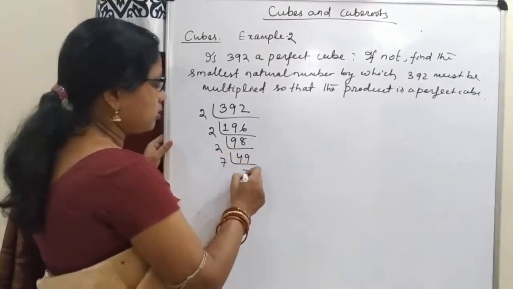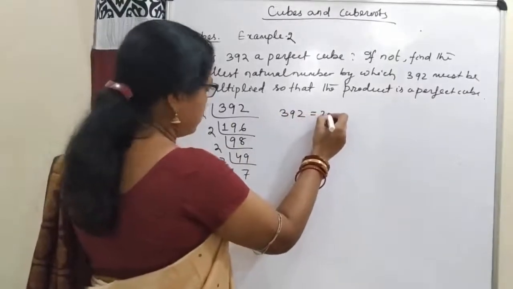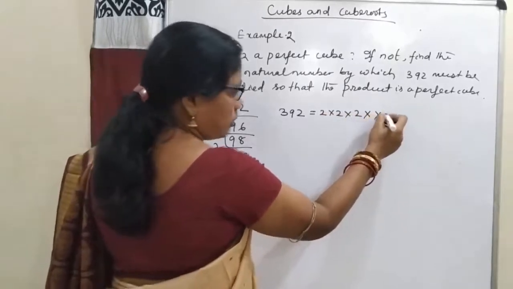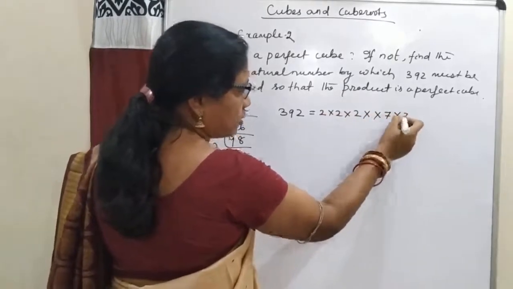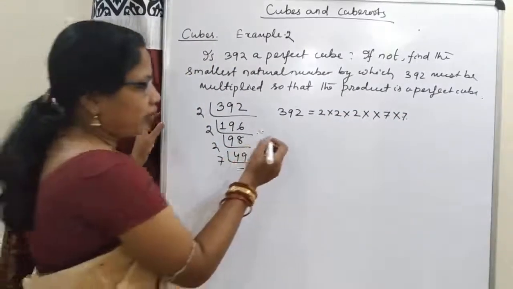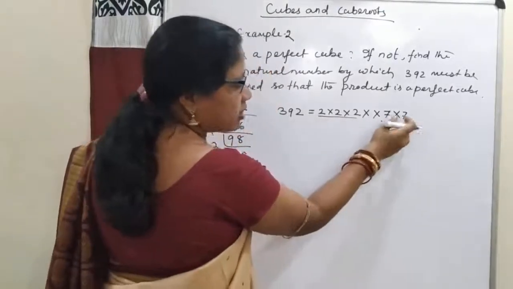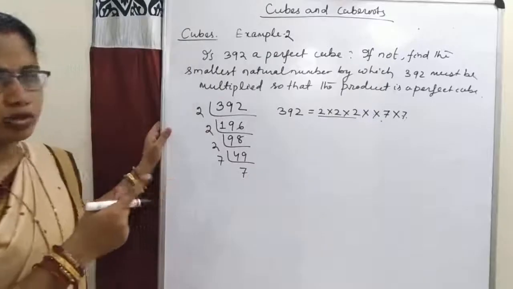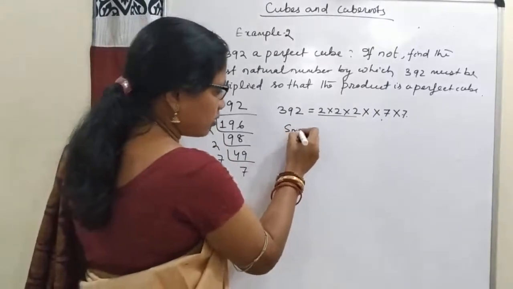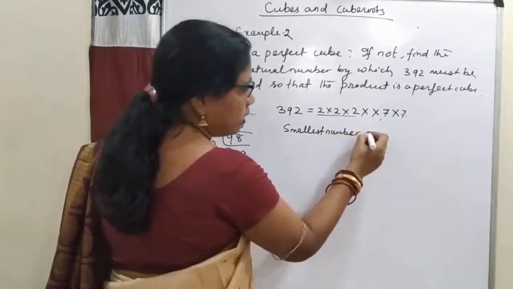Then 7, 7. So the prime factorization of 392 is equal to 2 multiplied by 2 multiplied by 2 multiplied by 7 multiplied by 7. So here, if I group the factors in 3s, then one 7 will be left. That means there are 2 factors of 7. So the smallest number is 7.